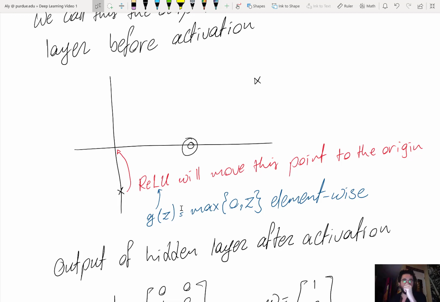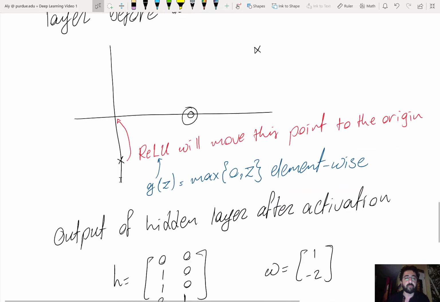So it pushes all the negative features into becoming 0. These two points will remain intact, this point will remain intact, but this point will go to the origin. Because this point is 0, -1, it will become 0, 0. So ReLU will move this point to the origin.